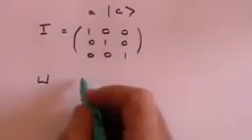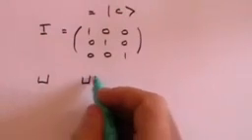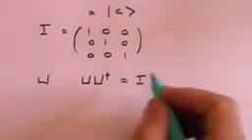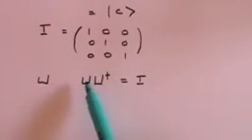Not to be confused with the unitary matrix, which has the following properties: if you take the unitary matrix U and multiply it by U dagger, which you will remember is the transposed complex conjugate of U, that gives you the identity matrix. In other words, you can consider that U dagger is the inverse of U. So when you multiply U by U dagger, you essentially get the identity matrix.